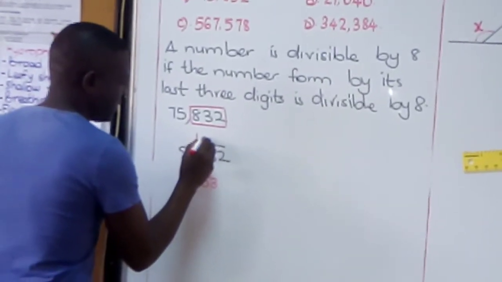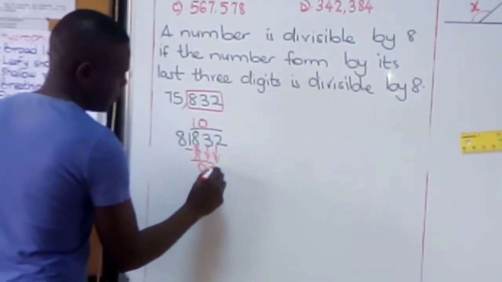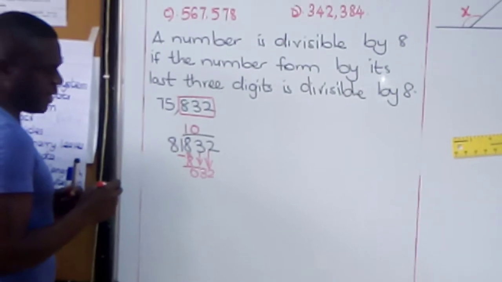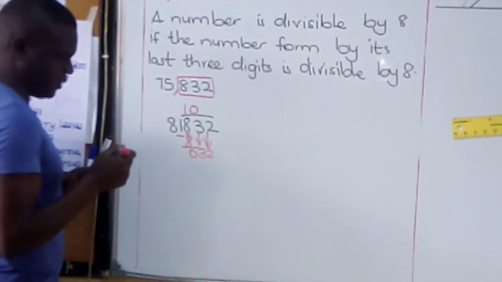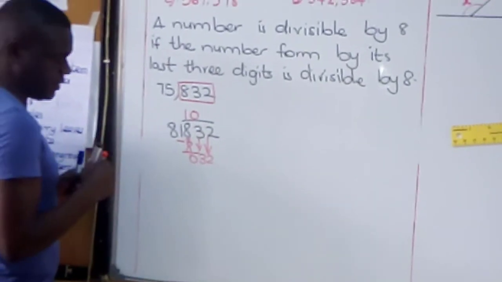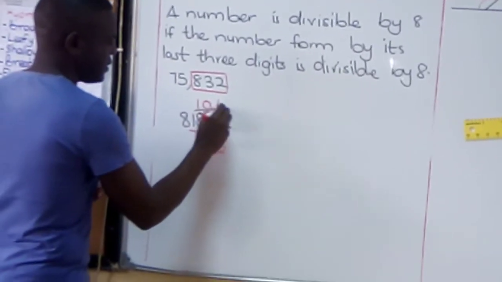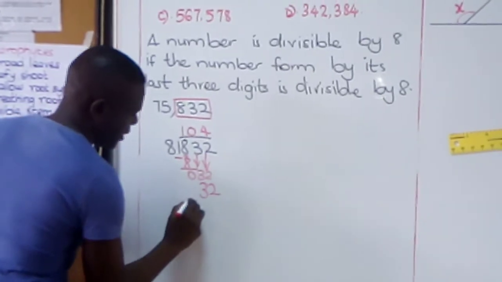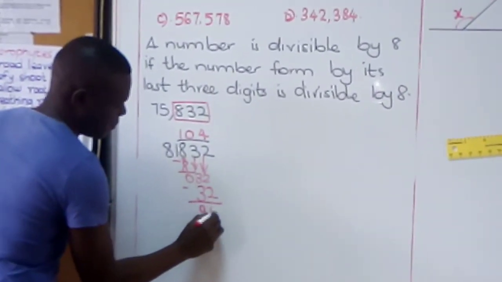That is 0 times, and so we drop 2. Are we together? We drop 2. That is 32. 32 is a multiple of 8. And so 4 times 8, we get 32. What is the difference? That is 0, 0.